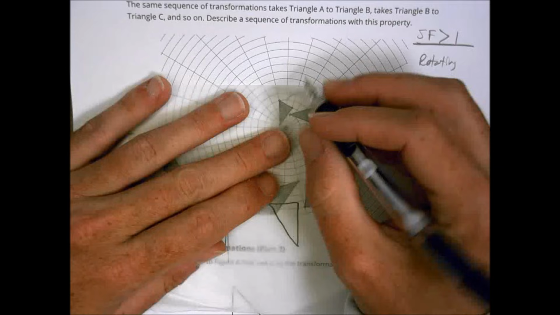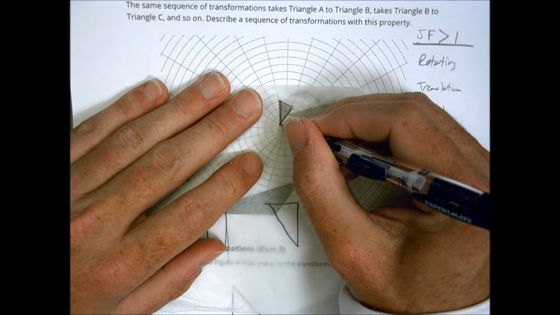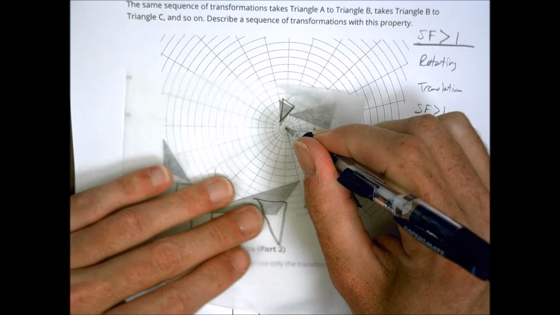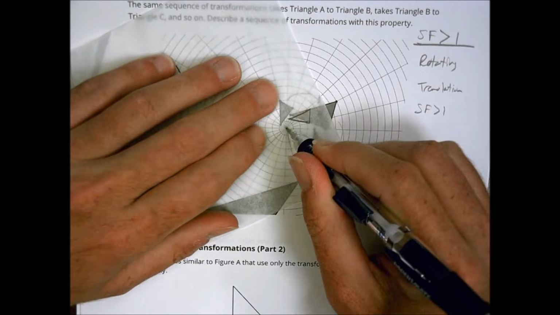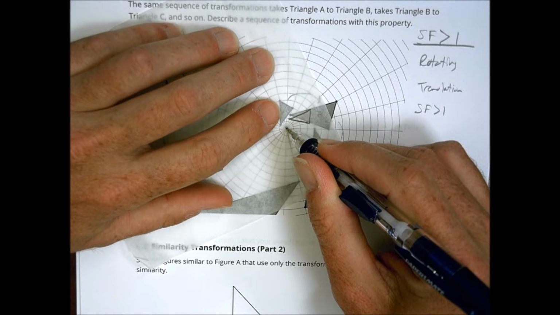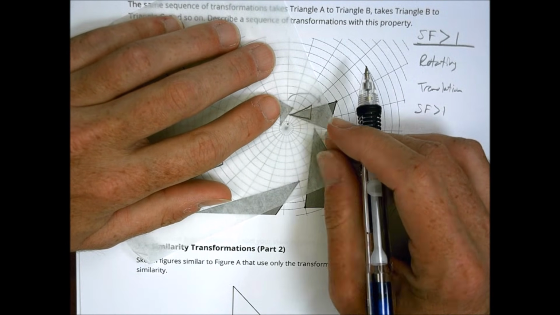Initially, I can see that I have a triangle here, here, and here. If I take my point C and rotate this shape, I see that it doesn't line up on the next one, does it? As a result, there's going to be some sort of translation that has to happen to move it, looks like up a step.